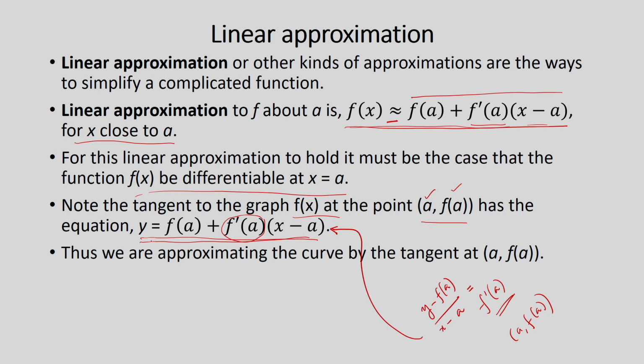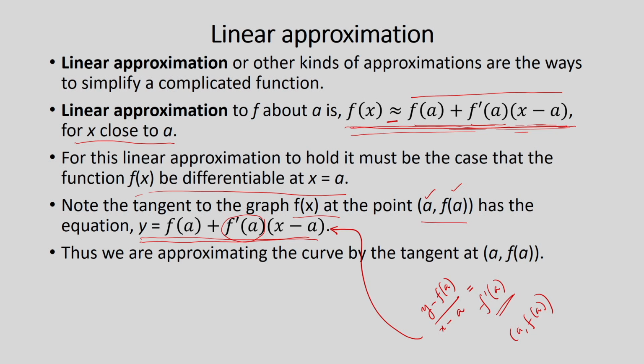So, this is the slope to the graph of f x at point a, f of a. Therefore, when I am writing that the function is given by this, right, the function is approximated by this, I am actually using the equation of the tangent to the graph at a particular point.